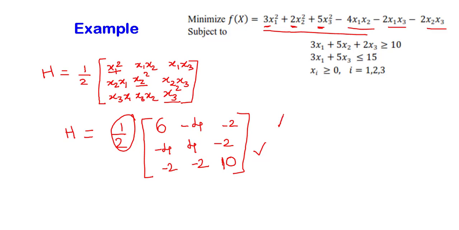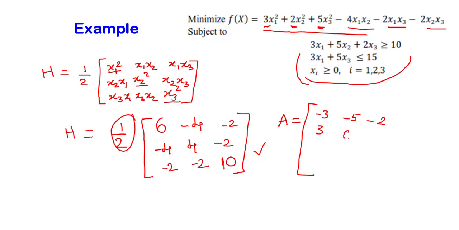Now again we have to write the A matrix and B matrix, as we see from the constraints we have here. Based upon the constraints, the first row is a maximization constraint, so I will go for minus 3, minus 5 and minus 2. The second row is 3, 0 and 5.